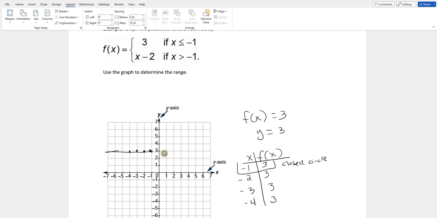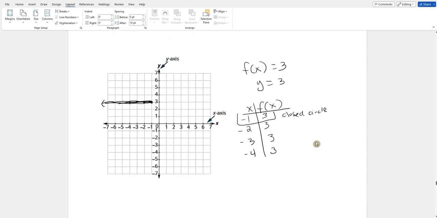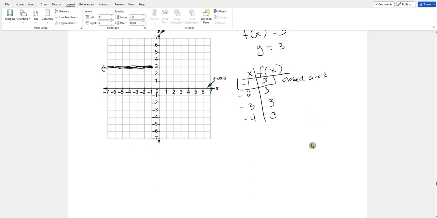As you can see, it's a horizontal line. I'm not very good at drawing on here, but it's a horizontal line. But now let's go ahead and do f of x equal to x minus 2. We can only do this for values of x greater than -1.